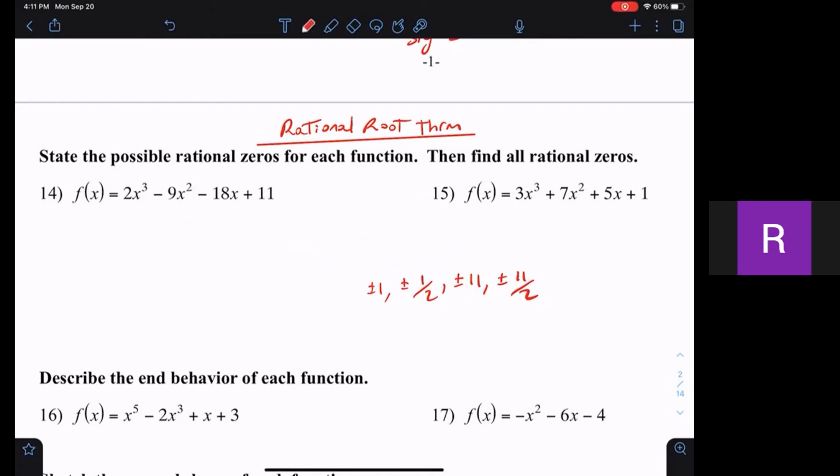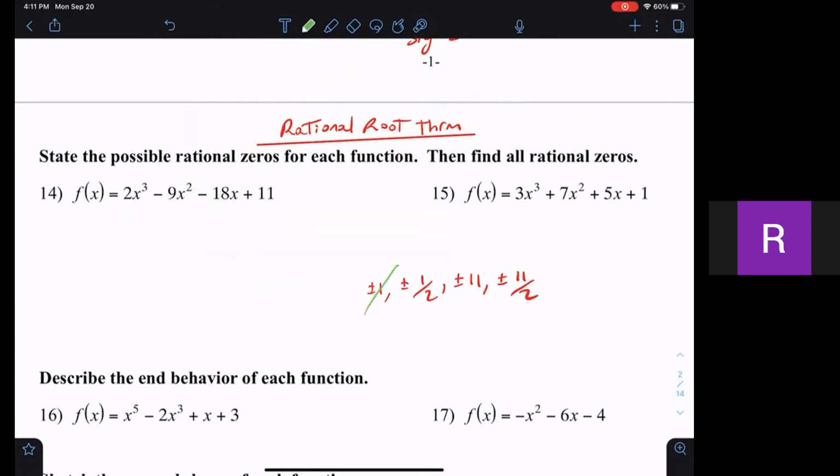Let's try negative 1. So this is going to be negative 2, negative 9, positive 18, 11. So we have negative 7, right? Negative 11, I'm sorry. Negative 11 cancels with this 11, so that is not working either. So 1 doesn't work.